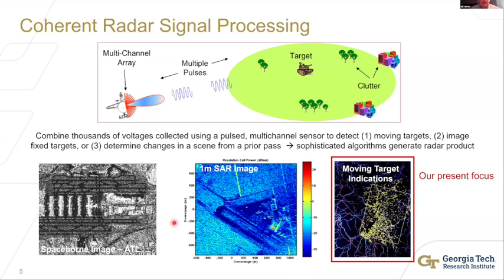Or the radar will strive to generate indications of moving targets. Or a third primary mode is to decide whether or not something has changed in the scene from a prior pass. That's called change detection.